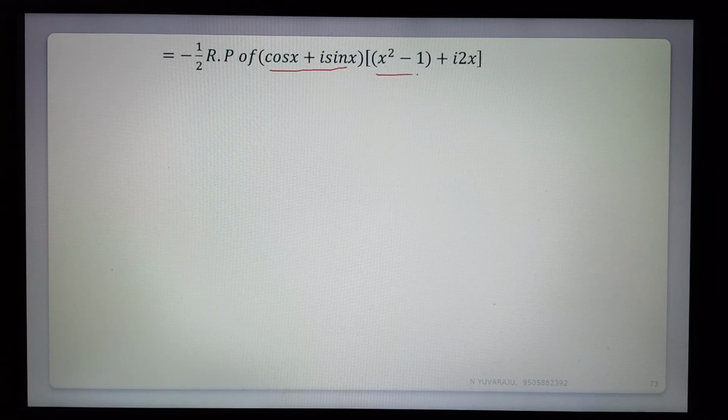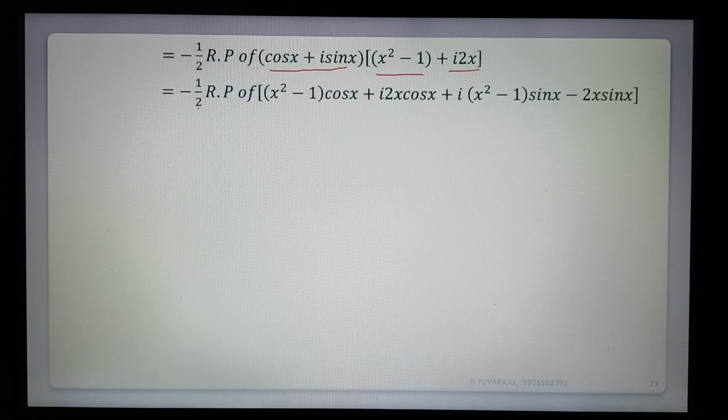So this is a real part plus an imaginary part. Now multiplying both, we have to choose only the real part. Cos x (x² - 1), cos x into i2x, i sin x (x² - 1), i sin x i2x, both are multiplying.